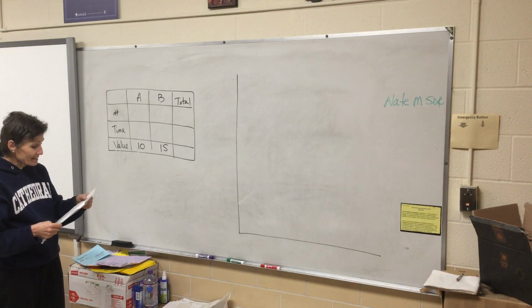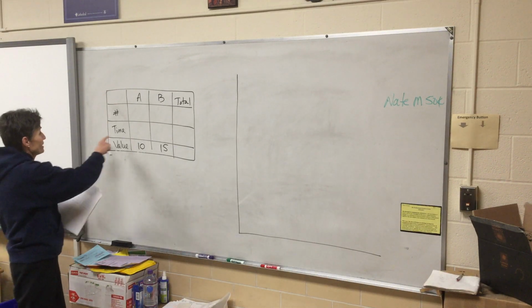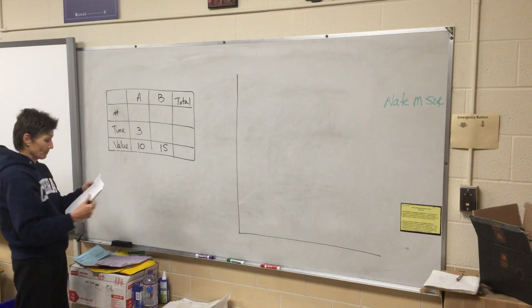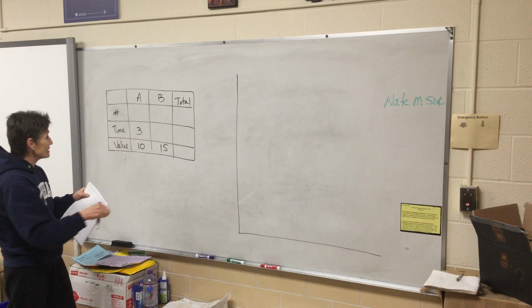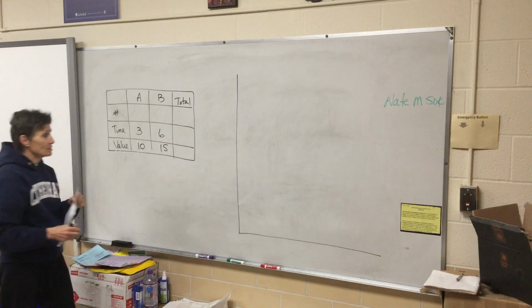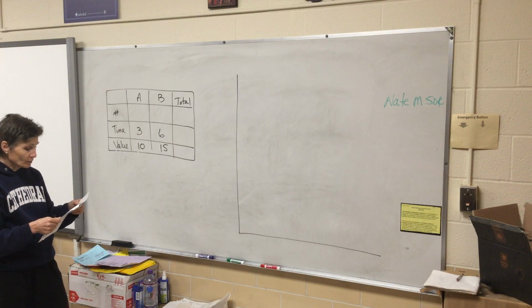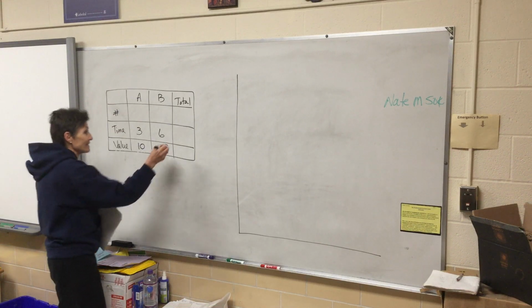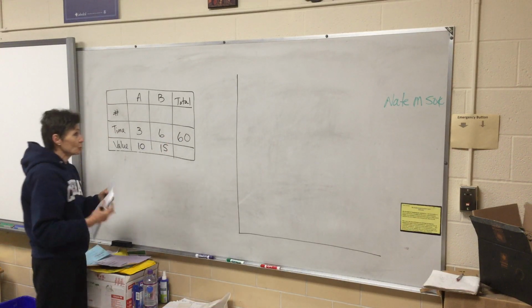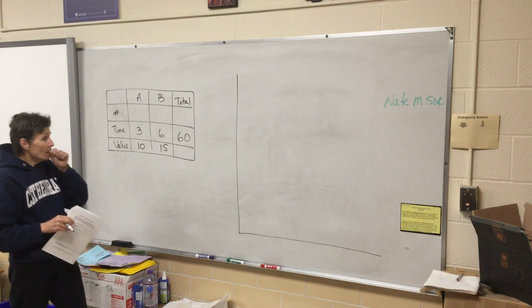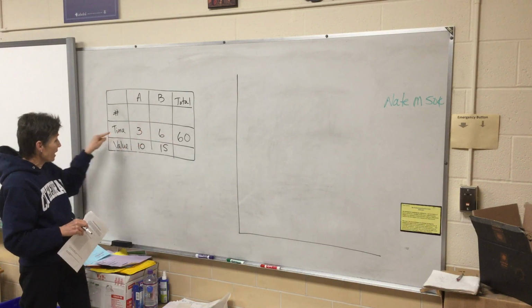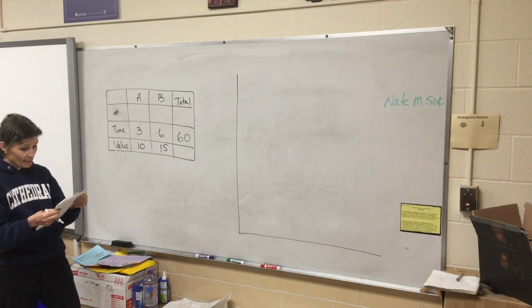All right, it takes 3 minutes to do an A, and it takes 6 minutes to do a B, and the total time is 60 minutes. Here's the total column. So total time, 60 minutes.